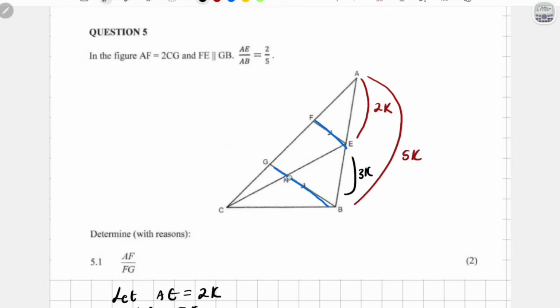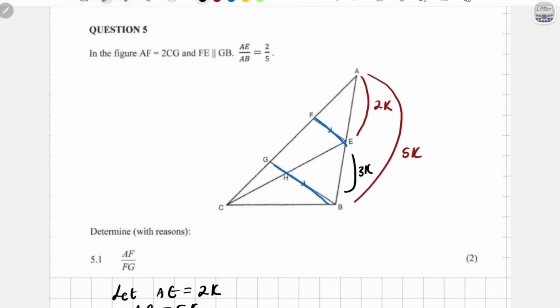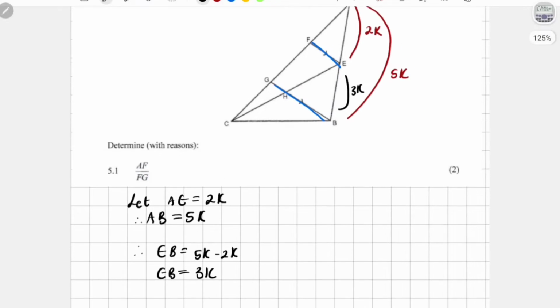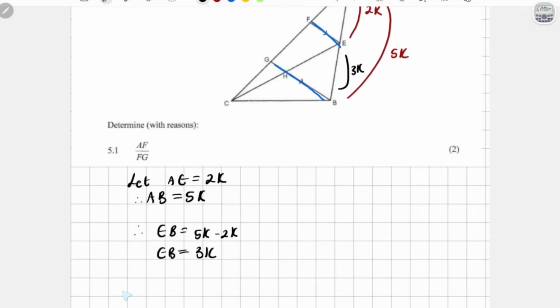Okay, so now that we know that this is 3k, we can find this. Do you see that we have parallel lines? So if we found AE over EB, we'd be able to find AF over FG, because these two lines are parallel, and therefore those sides are in proportion. We're trying to look for this, right? So I'll always keep that as the subject of the formula.